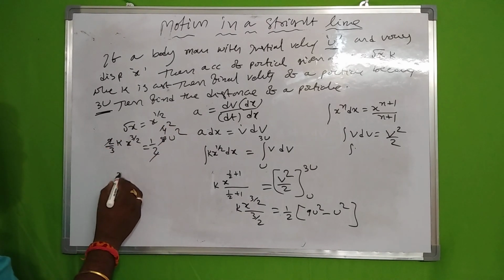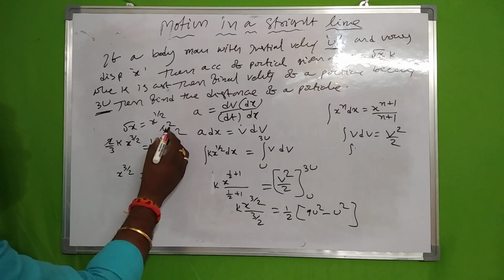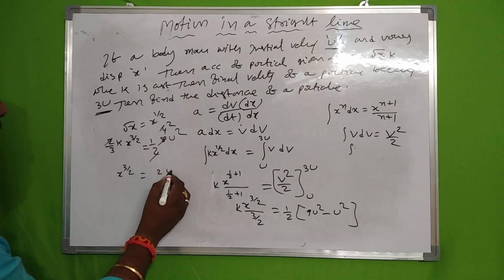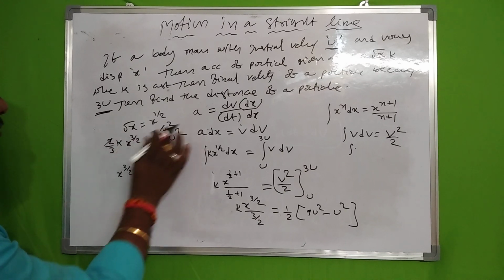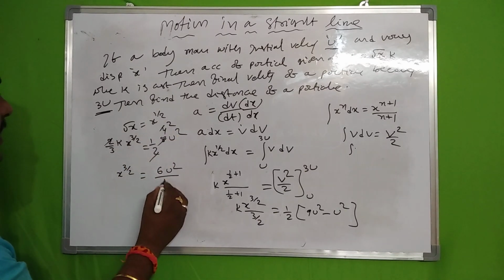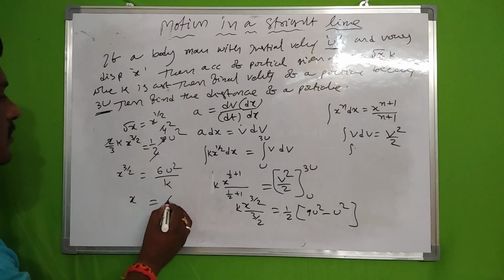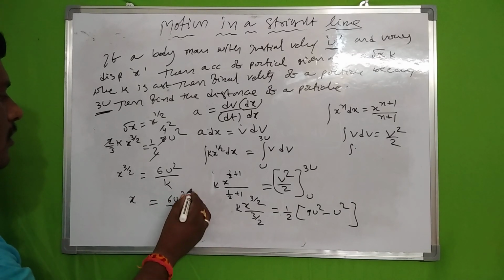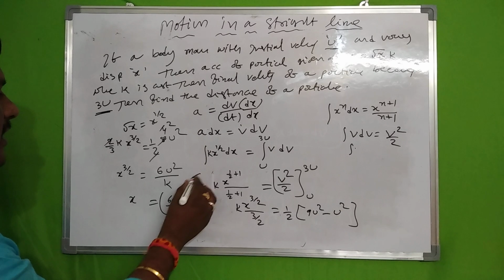Here x power 3 by 2 equals 6u square by k, so x equals 6u square by k whole power 2 by 3. Finally we get the answer.